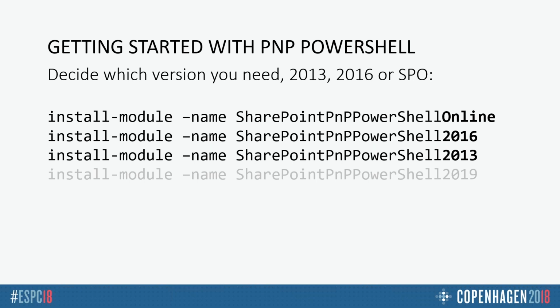That one will also work towards SharePoint Online. The only thing is that you will not get the latest and greatest that SharePoint Online offers that we already also implemented in PnP PowerShell. You can use the online version also on-prem, but you might run into issues and errors. So the safest bet is, if you work with two servers and you only want one version of PnP PowerShell installed, go for the lowest version.